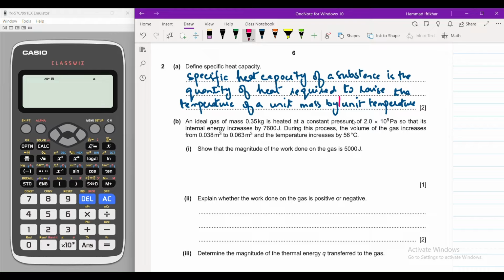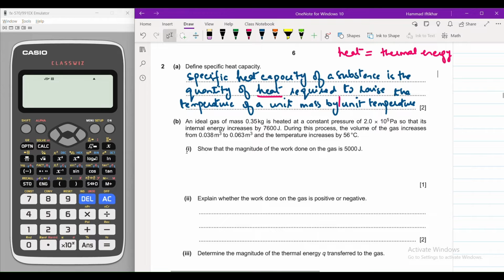Heat, another word we can use is thermal energy. Instead of heat, we can use thermal energy, but we don't use heat energy because heat means thermal energy. So no need to use heat energy.